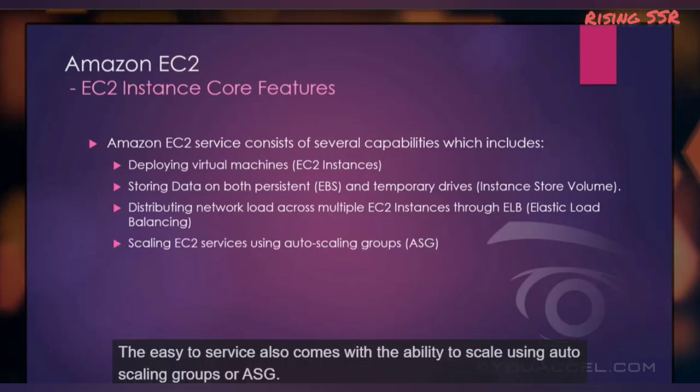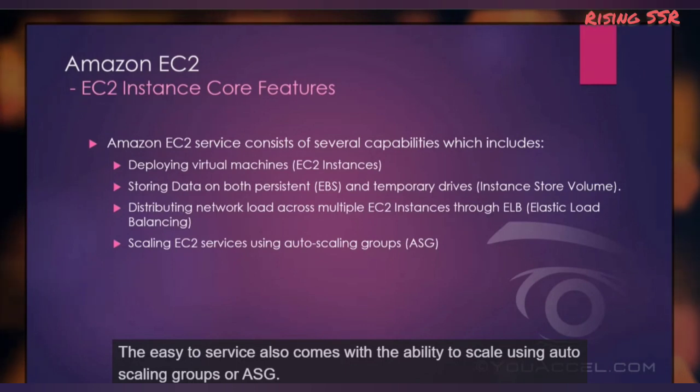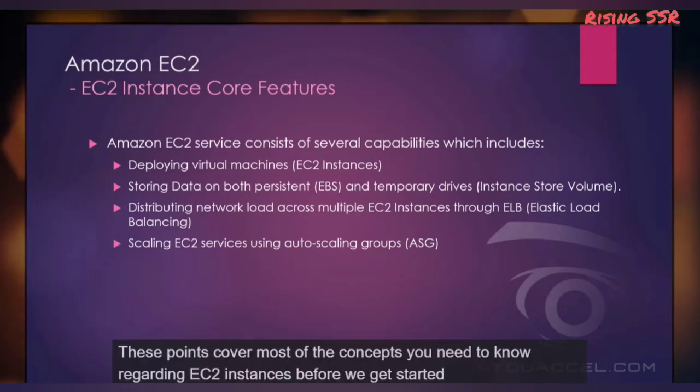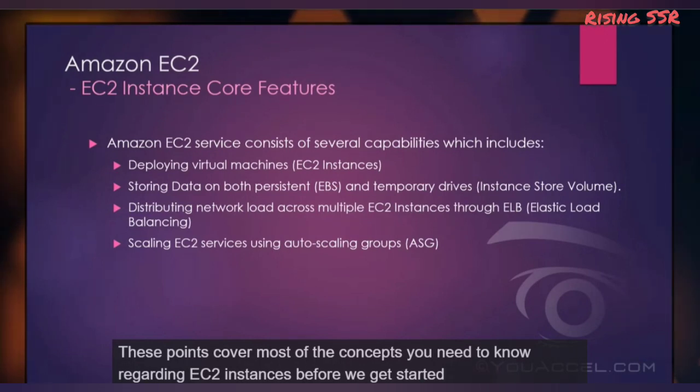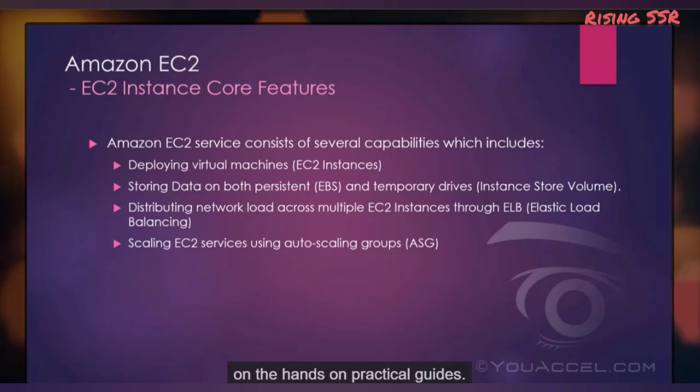The EC2 service also comes with the ability to scale using auto-scaling groups, or ASG. These points cover most of the concepts you'll need to know regarding EC2 instances before we get started on the hands-on practical guides.